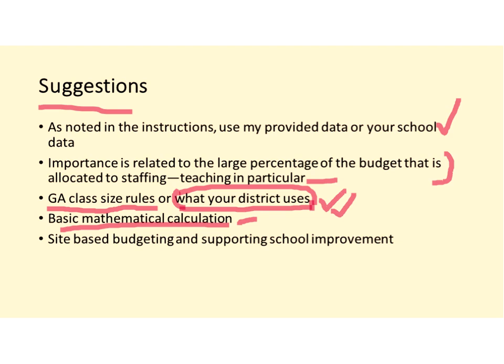So this is a simple division situation, which would be how you would determine your initial allocations based upon the basic class size rules.